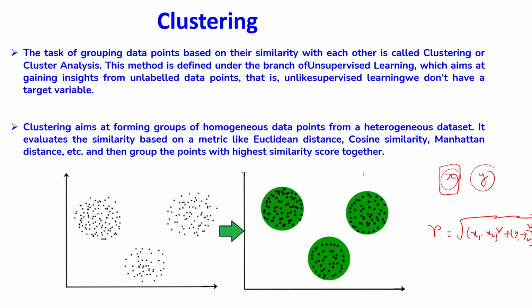In coordinate geometry this is widely used: if I have two data points, x1 y1 and x2 y2, I can find the distance between them using this formula. Manhattan distance is different. We will talk about how Manhattan distance is calculated in the next lecture. So, we can find these similar groups based on a metric like Euclidean or Manhattan distance.